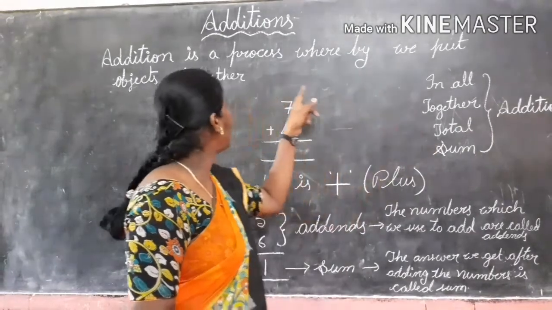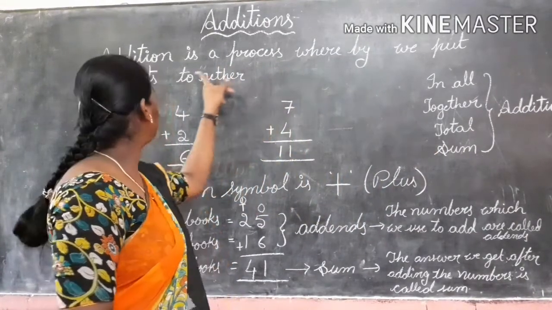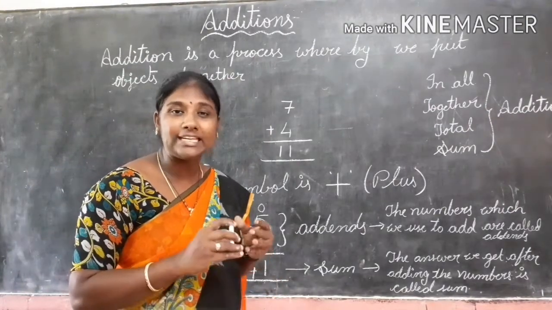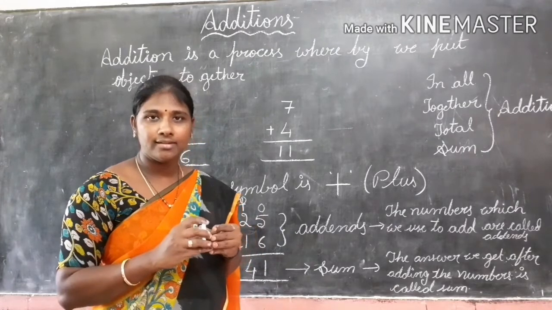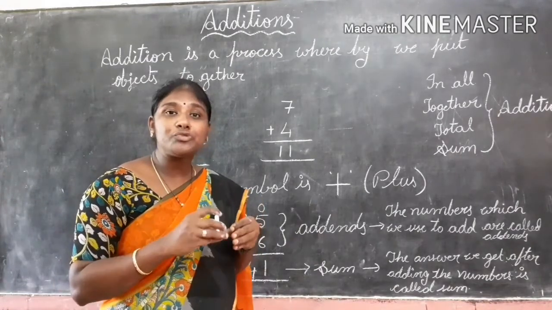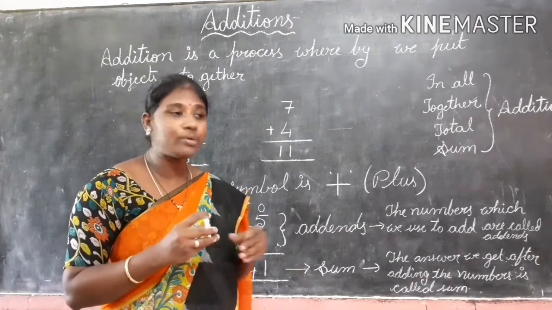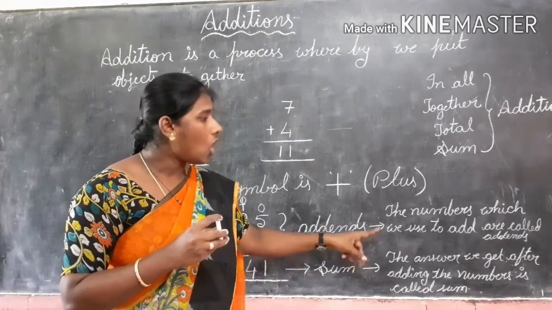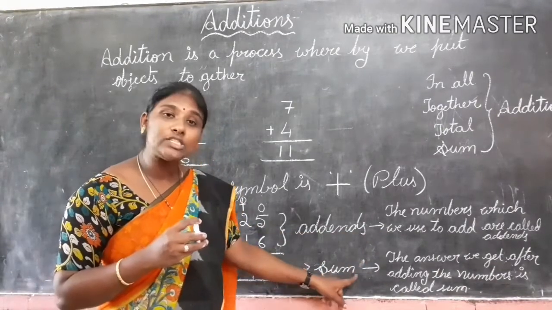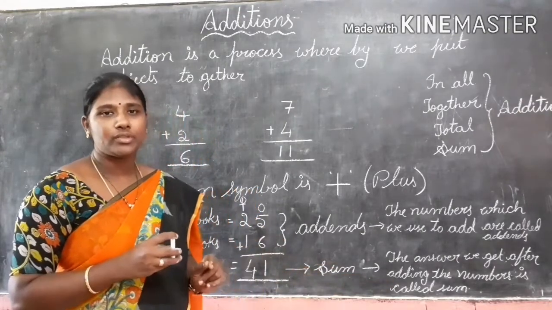What is addition? Addition is a process whereby we put objects together. In addition, the numbers which we use to add are called addends. The answer we get after adding the numbers is called sum.